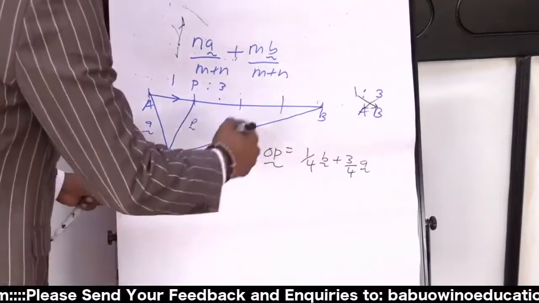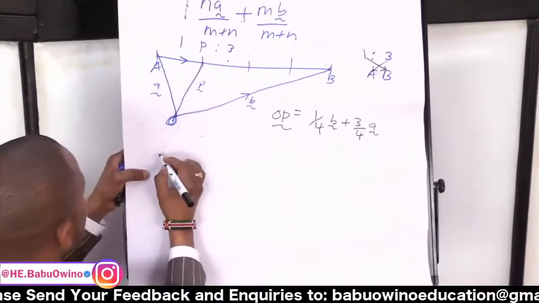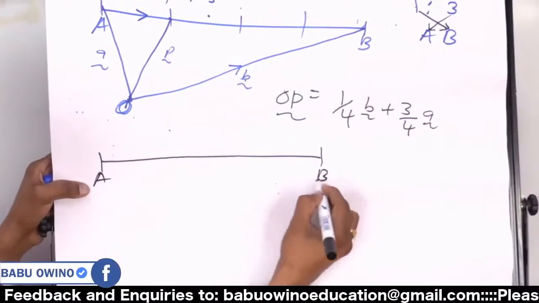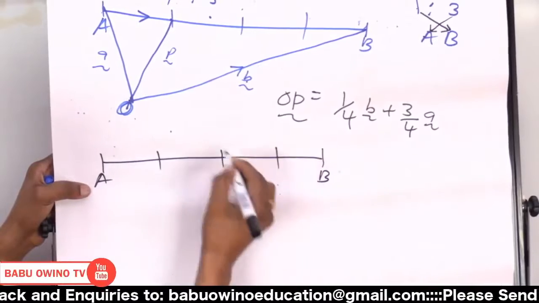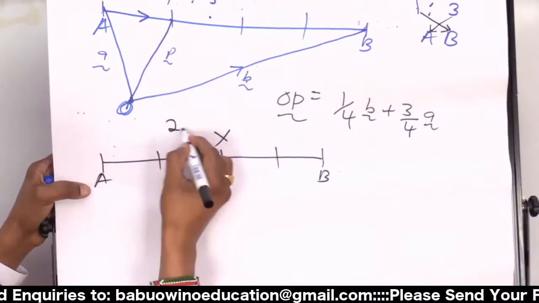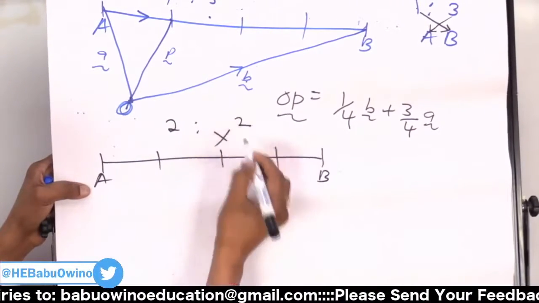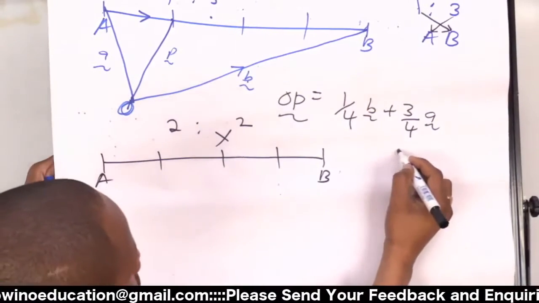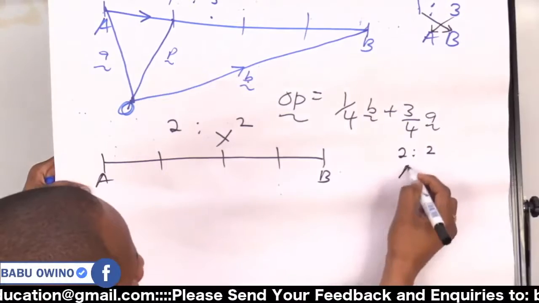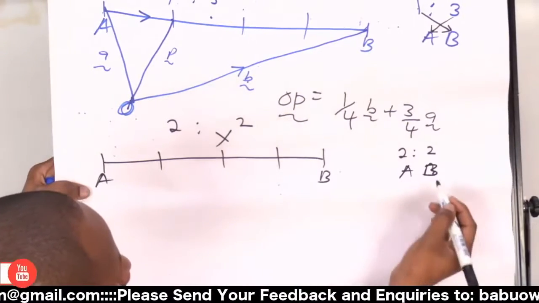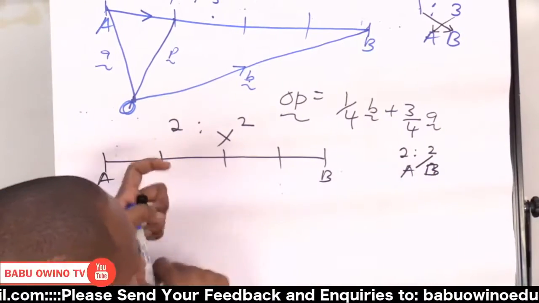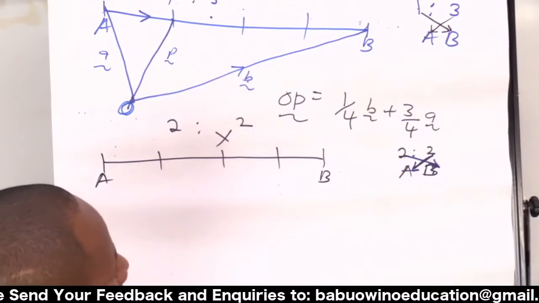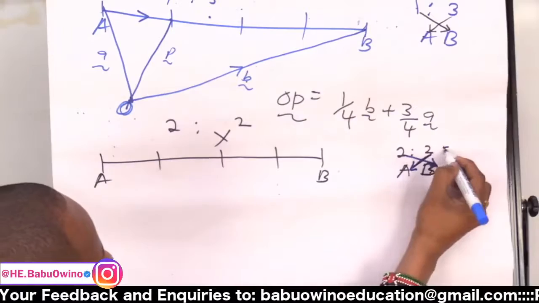Now we have another one, for X. We said X was dividing this line AB in the ratio of 2:2, which is the same as 1:1. So 2 takes A and the other 2 takes B. Therefore, the total ratio here is 4.